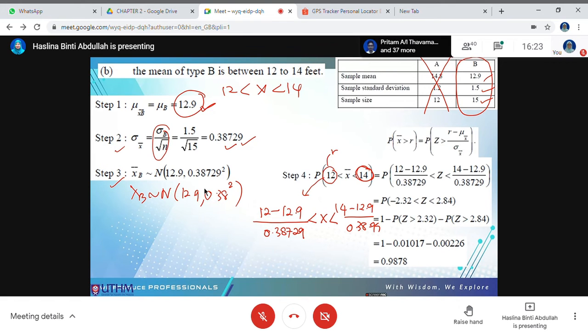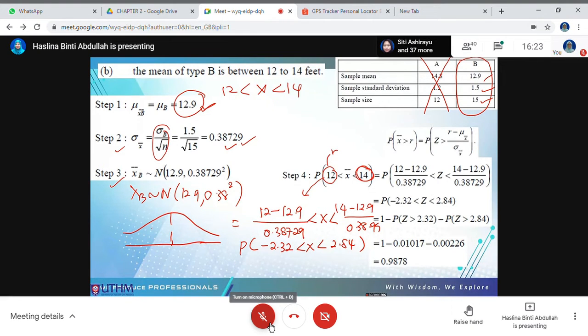So the final answer is P between negative 2.32 and 2.84. Draw the normal distribution curve.